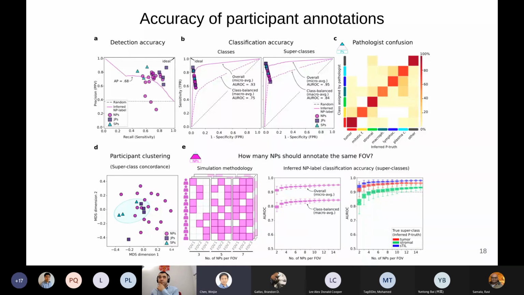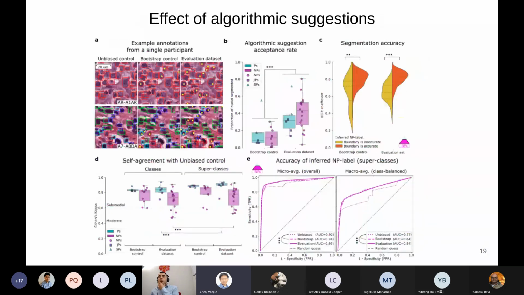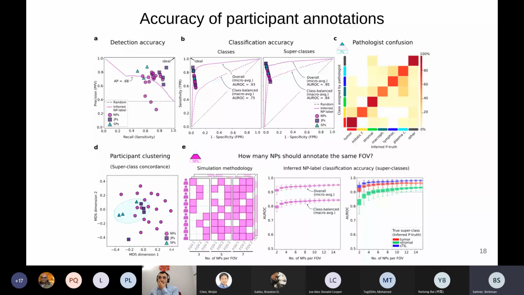Okay. May I ask a question? Sorry. About the lower right panel, how many NPs should annotate? Can you talk a little bit more about it?